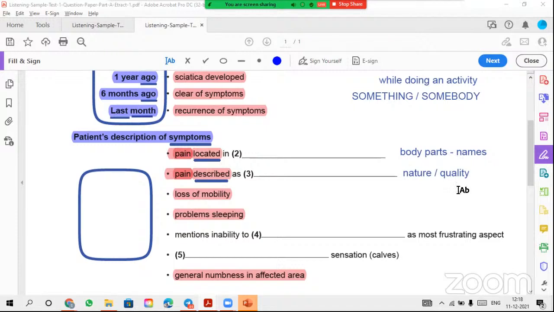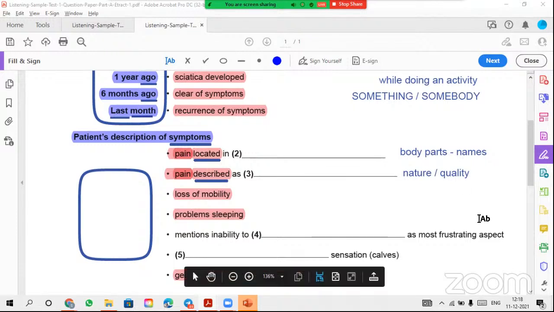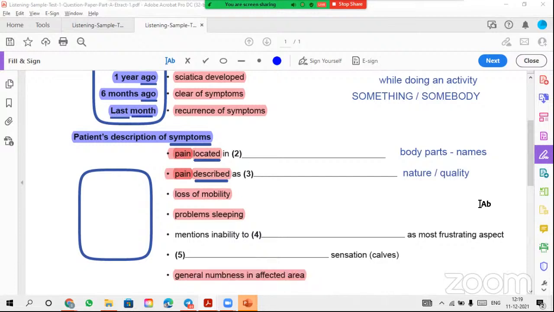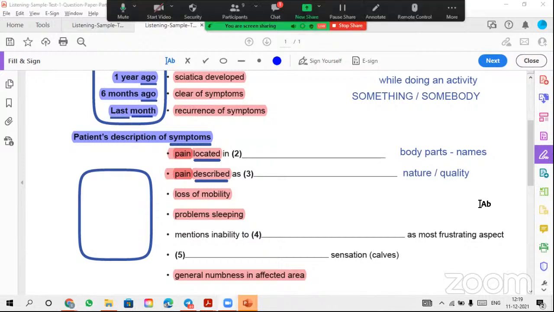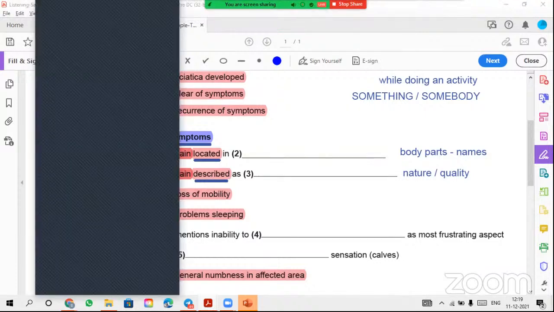The body part may be leg, but give specific information again, right or left. And the definite article is a must. The is a must. Diana, the right knee.